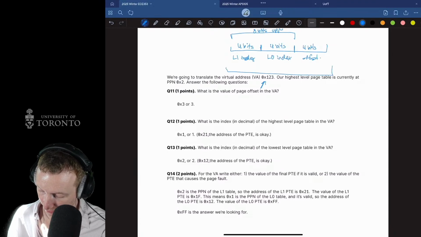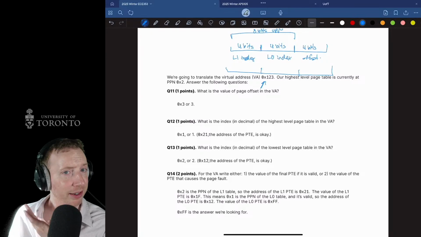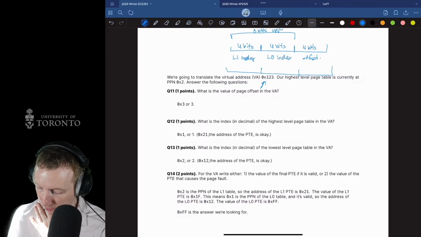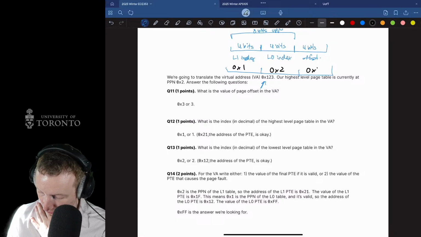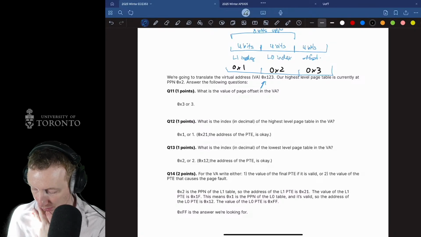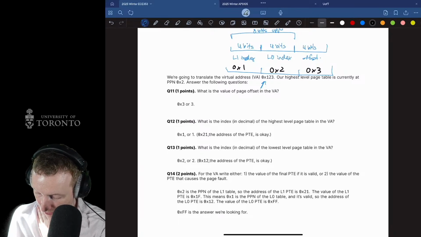Each hex digit, or hexit if you want to call it that, is 4 bits, so it lines up nicely with this. So in this case, this would be hex 1, hex 2, hex 3, or decimal, they're going to be the same thing.